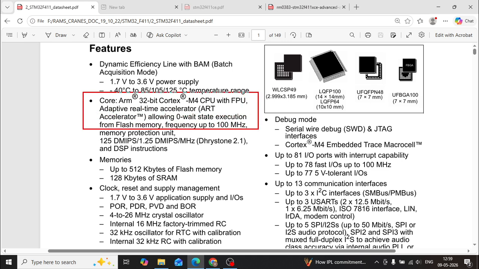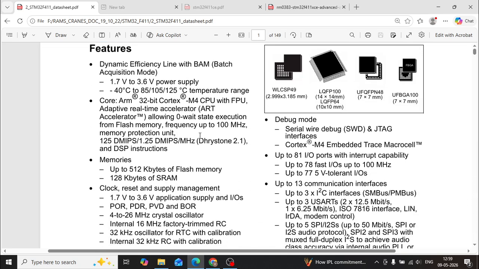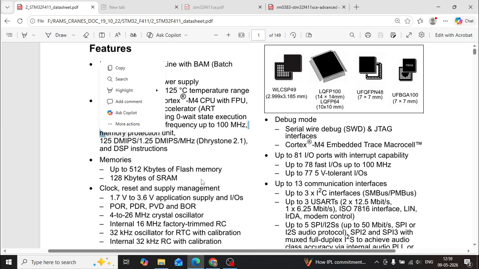The STM32 microcontroller uses the ARM Cortex-M4 processor architecture, with an operating frequency of up to 100 megahertz, and execution speed of up to 125 mega instructions per second. That's the first and foremost thing: the STM32F4 uses ARM Cortex-M4 architecture at 100 megahertz.